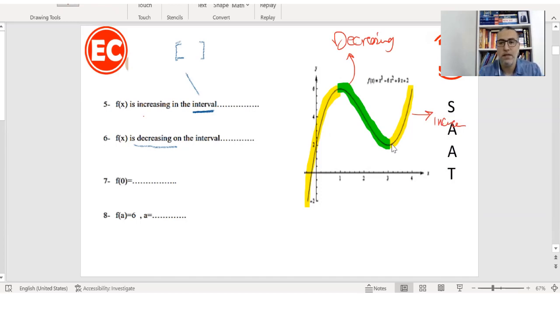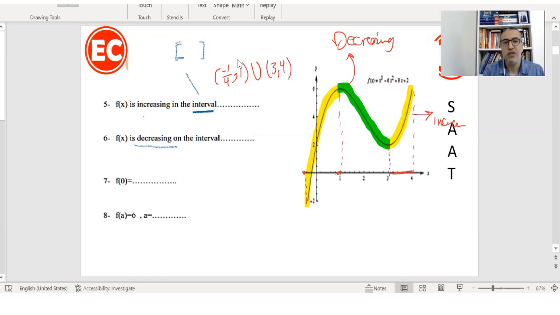After we decide where the function is increasing or decreasing, we go to the x-axis. The function is increasing from negative 1/4, as we said, till 1. Usually we write it as an open interval, from negative 1/4 to 1, and 1 is also open because it's a turning point, union the other interval from 3 to 4.